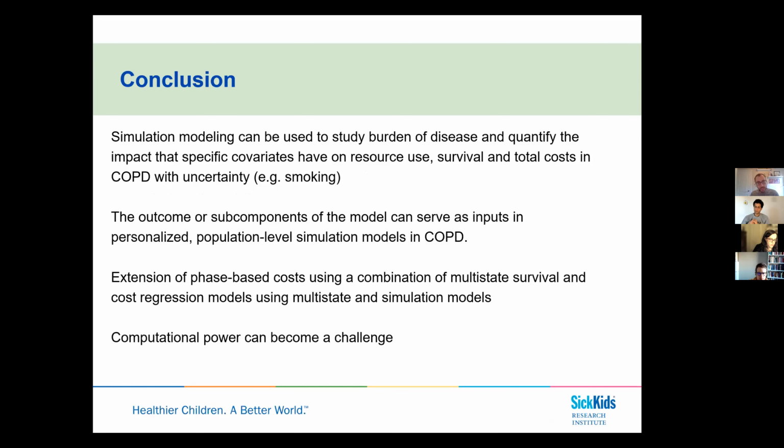So concluding, you can use that kind of simulation modeling to understand burden of disease and quantify the impact that specific covariates have on resource use, survival, and other outcomes, including costs. You could then subgroup. We subgrouped on smoking so that we can show the usefulness of it, but you could think of subgrouping on different covariates to see what is the burden in different subpopulations.